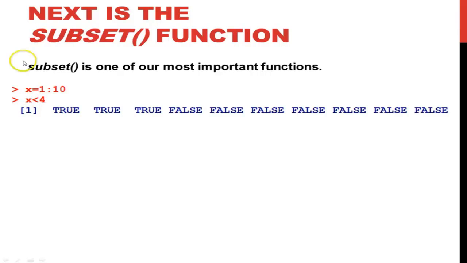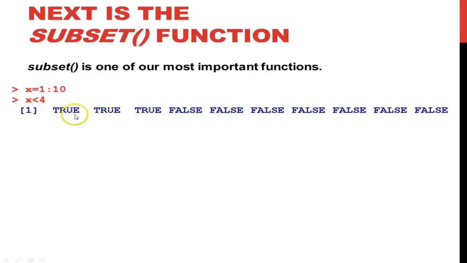So like plus is a binary operator because I can say 8 plus 1. This is also a binary operator, but the result of this operator is going to be either true or false, so we call it a Boolean operator. So x is less than 4. Now x happens to be a vector, so the answer is going to be a Boolean vector.